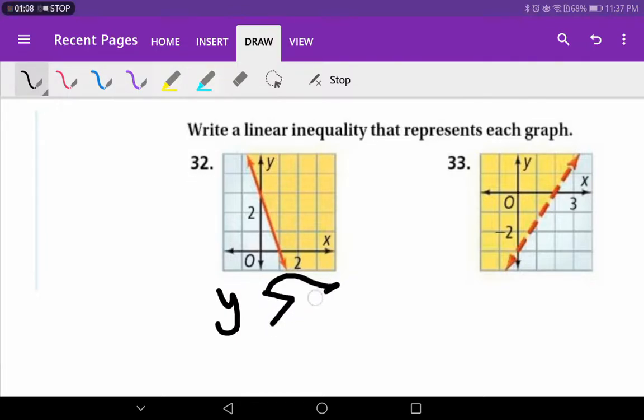The fish will eat the y. Okay, greater. And as you see, you have a solid line. Okay, solid line, that means there exists an inequality sign.